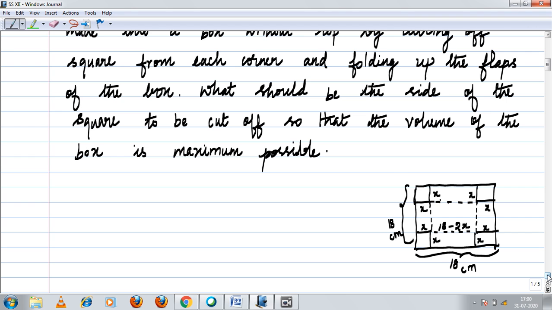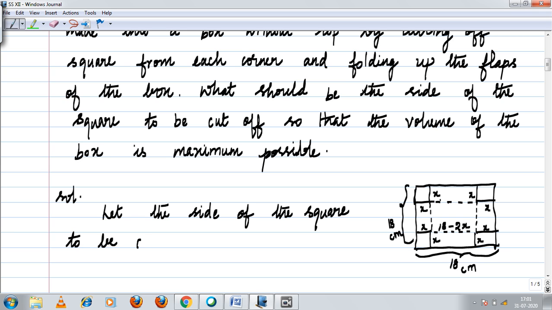Solution: let the side of the square to be cut off be x centimeter.